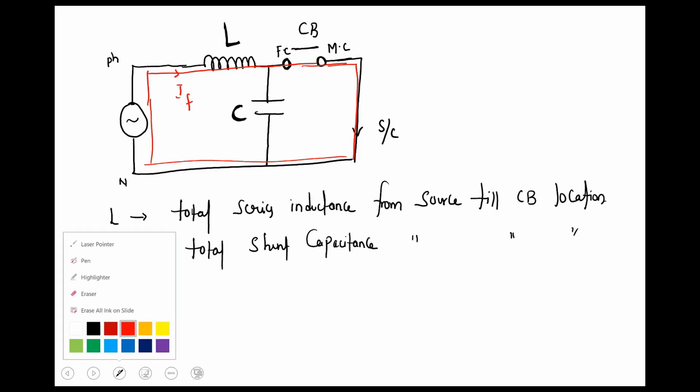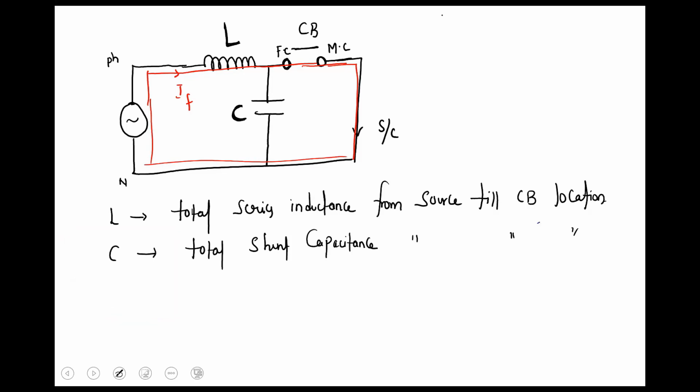When the fault current is flowing through the inductor, the energy stored in the inductor is half into L into IF square. So this much of energy is stored in the inductors from the source to the circuit breaker location. Energy stored in the inductor or the magnetic field energy.